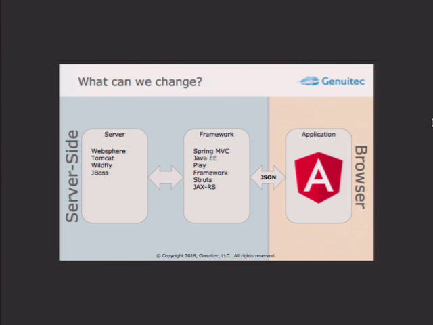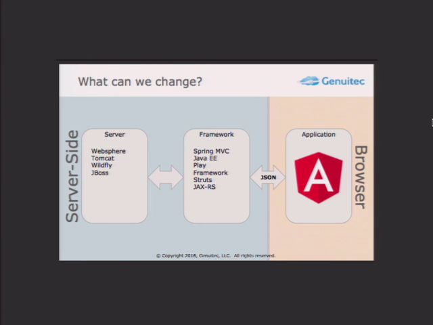It stays almost the same, untouched, except for one thing, the communication layer, because in this case, we need to somehow expose our content from the server, as well as allow communication from the browser to the server. And we can do that through web services. In this case, as an example, a JSON protocol.